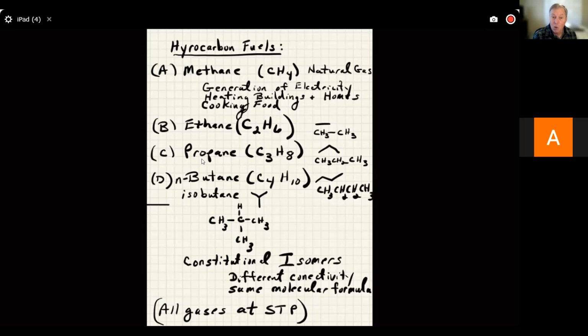And the predominant use for that is to generate electricity, just like when we discussed coal. If you put coal into a boiler, you boil the water, it turns into steam, the steam goes into a turbine, which then makes electricity. It's the same thing here. We're just swapping out the coal for methane.